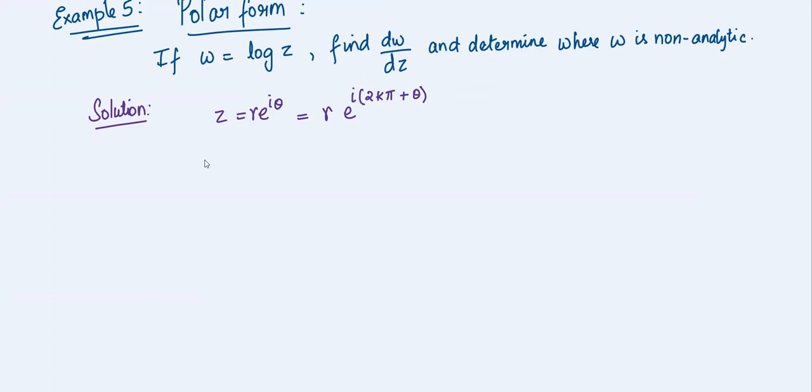Because it repeats itself, you get the same, you get so many numbers. So log z is log r plus I times theta plus 2k pi.